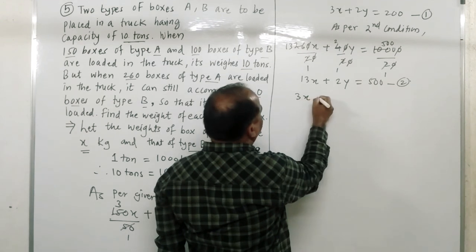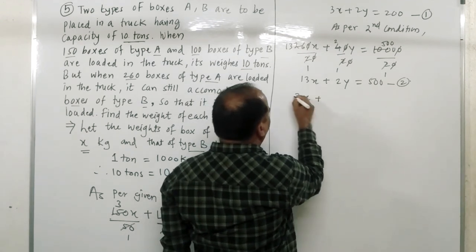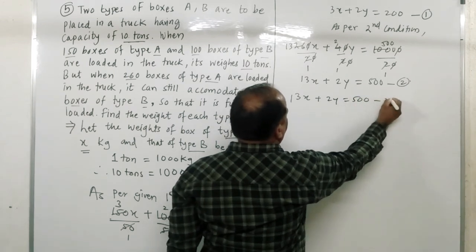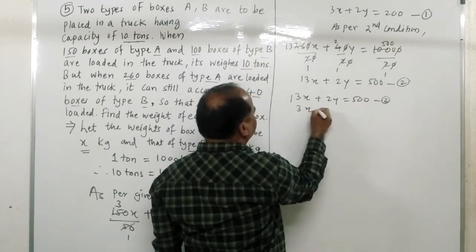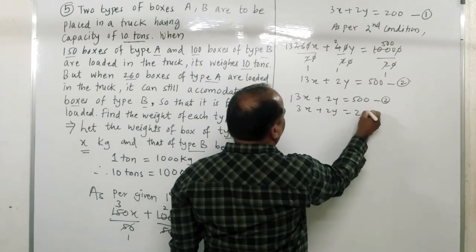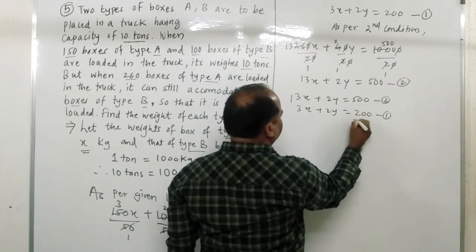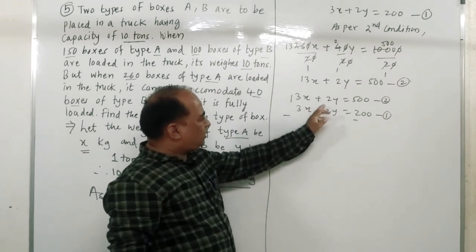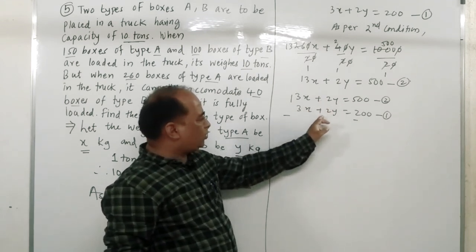So 13x plus 2y is equal to 500, equation number 2, and 3x plus 2y is equal to 200, equation number 1. Subtract the equations, since the sign of the middle term, that is y, is the same: 2y and 2y.